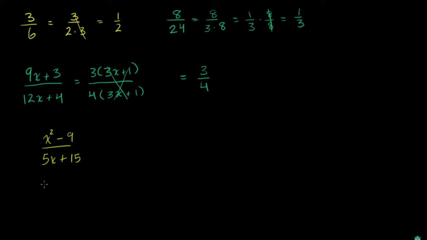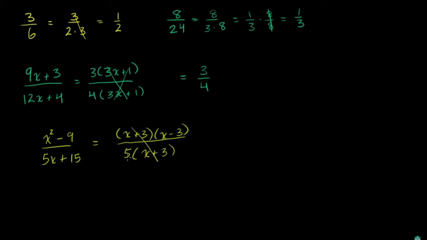So what is this going to be equal to? The numerator, we can factor. It's a difference of squares. We have (x plus 3) times (x minus 3). And in the denominator, we can factor a 5 out. So this is 5 times (x plus 3). So once again, common factor in the numerator and in the denominator, we can cancel them out.